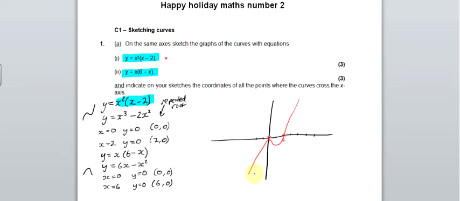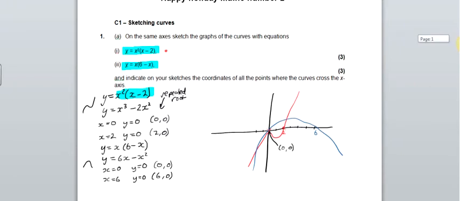So it comes up out of here, through there, and back down through 6, which I believe is just there. So that's 6. Okay, that's beautiful, isn't it? It's probably worth putting our coordinates on there. 0, 0. And that'll do there. I'm sure you can do a better job than me.